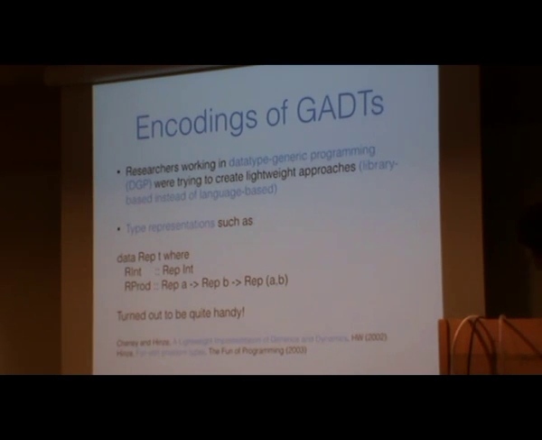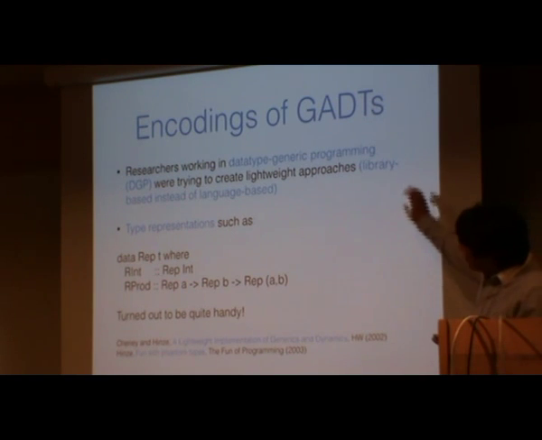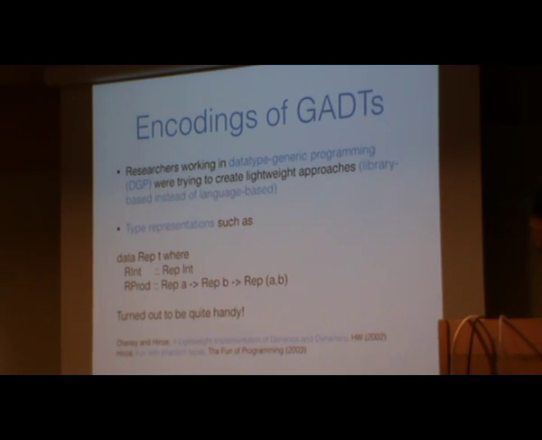On the functional programming side, as I said, there were researchers at the time working especially on datatype-generic programming, which is a very dear topic to this workshop. What they were trying to do was to create so-called lightweight approaches to datatype-generic programming.